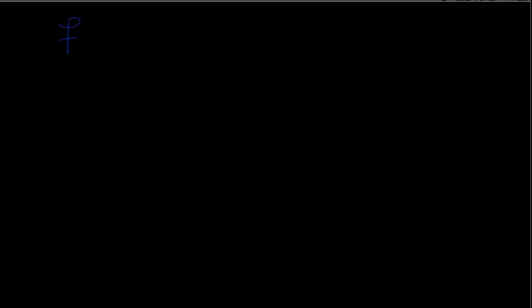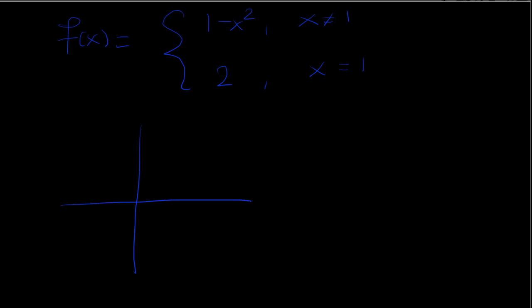Given f of x is equal to 1 minus x squared if x is not equal to 1, and 2 if x equals 1. So if I graph this, I know at x equals 1 it's going to be 2.